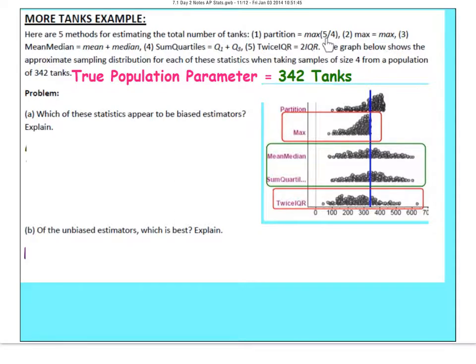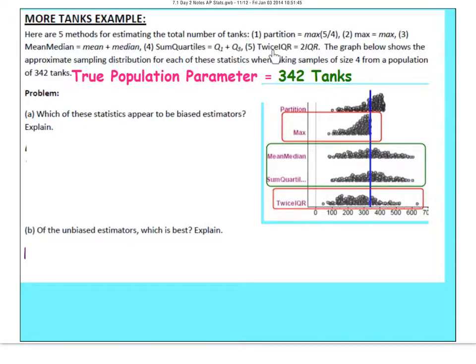Was that a good estimator? Or should they do estimator 2, which set the maximums equal to each other? Or estimator 3, where they add the mean and the median together to estimate it? Or number 4, where they take quartile 1 and quartile 3 and look at that?